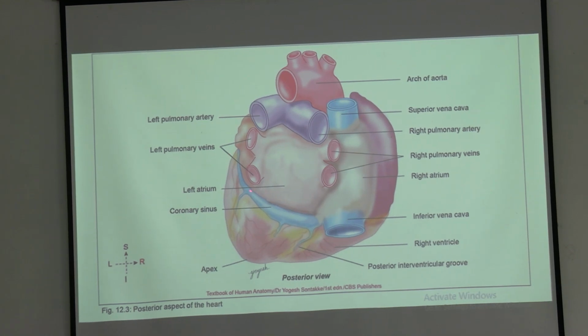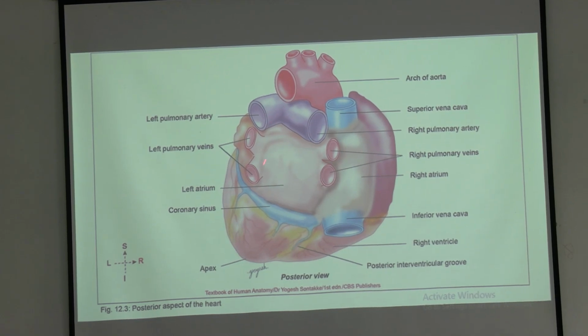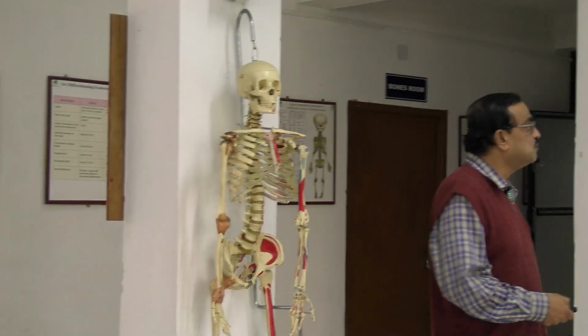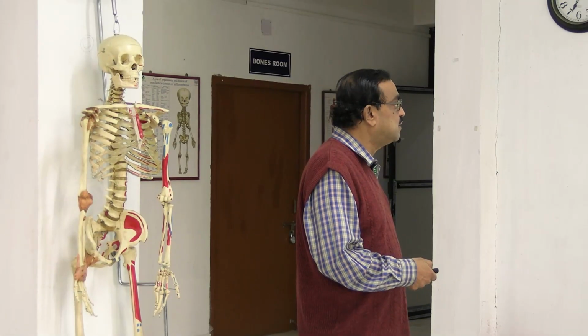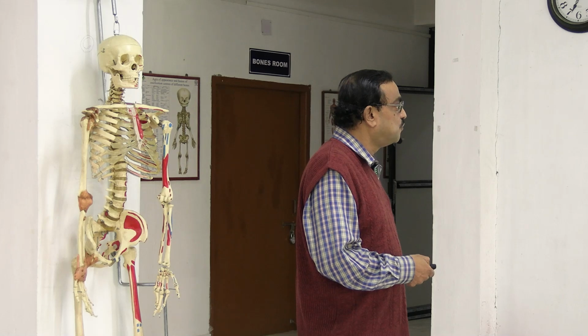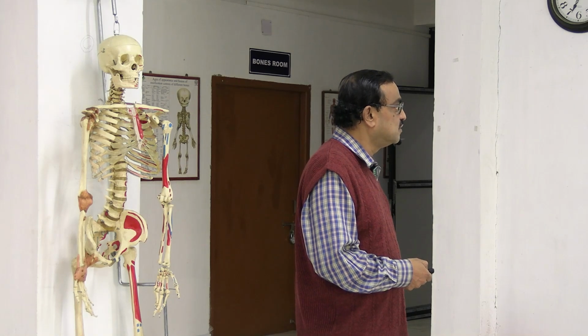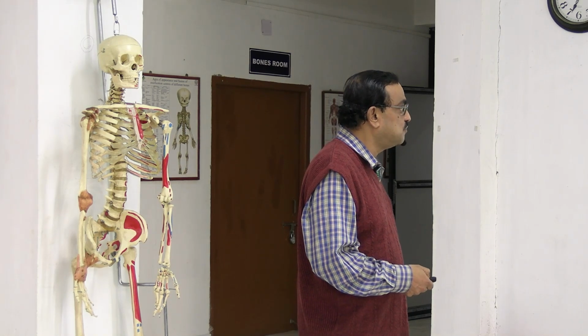This is the atrioventricular groove, or the coronary sulcus as it is called. In this posterior view we can see the left atrium, and within the left atrium 4 veins drain. 1, 2, 3, 4.